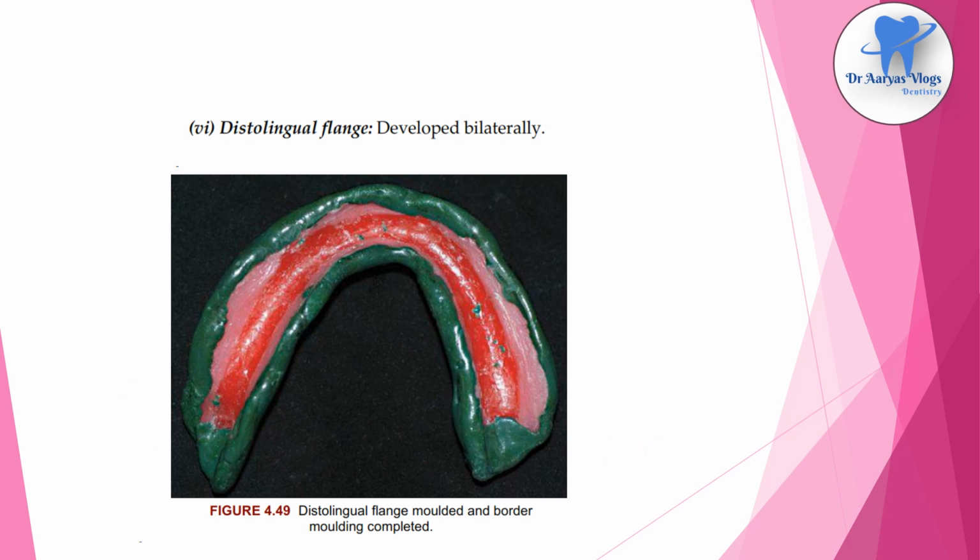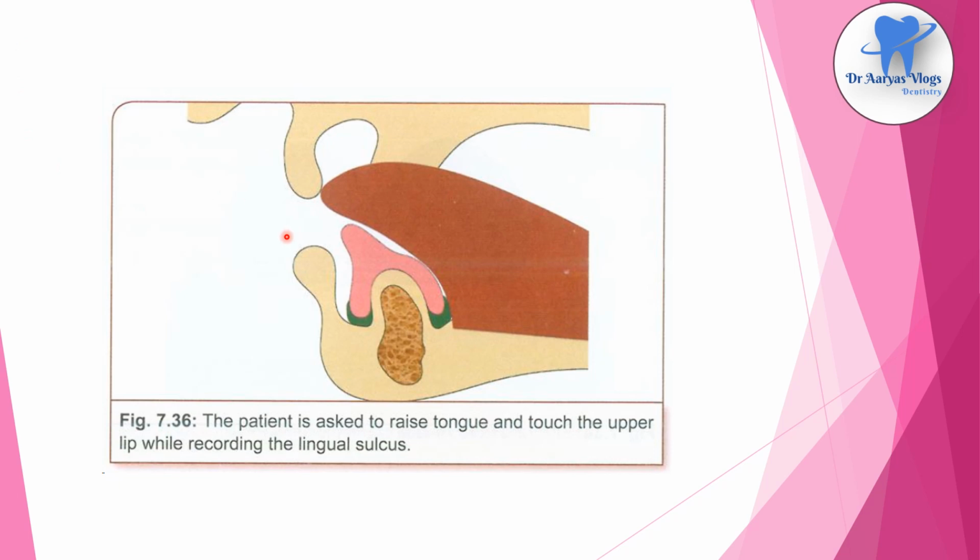Okay. And the patient is asked to raise the tongue and touch the upper lip while recording the lingual sulcus. The protrusion of the tongue helps to record the movement of the mylohyoid muscle, and this also raises the floor of the mouth.